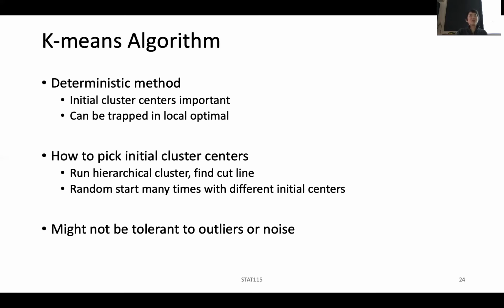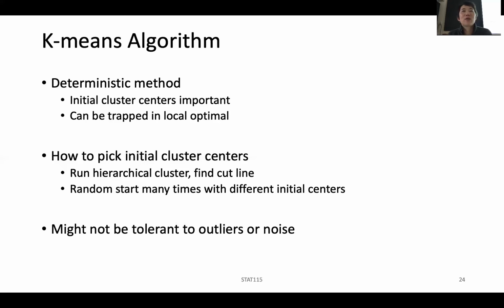Because you always just calculate based on pairwise distance calculation. So you can start from a hierarchical clustering, say your K is 5, then I just draw the line cut at 5 and use those as your starting point. Or you can just randomly start many times with initial clusters, and at the end, look at how things converge and then evaluate whether that cluster result is good.